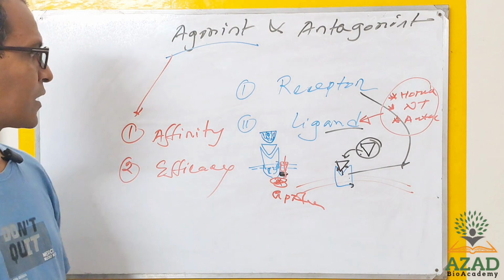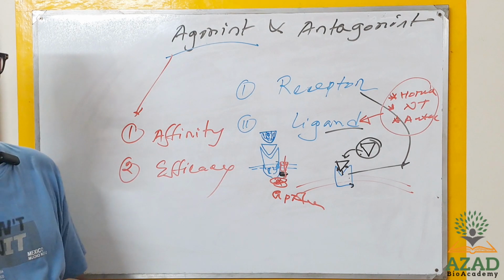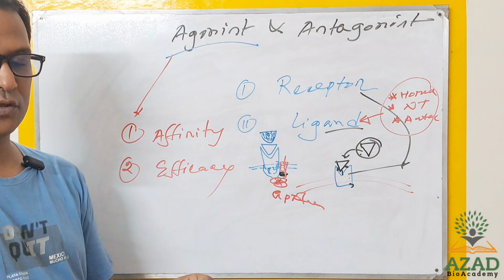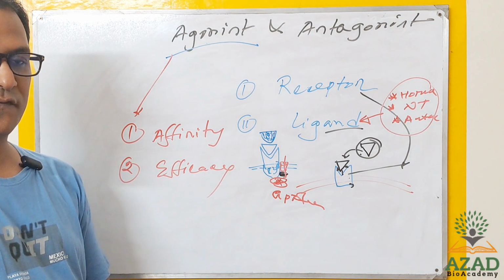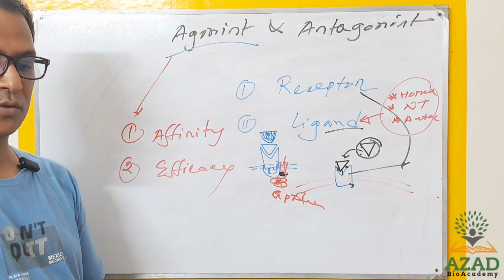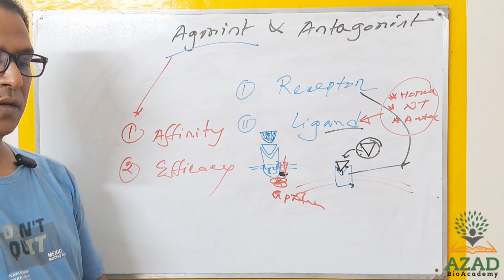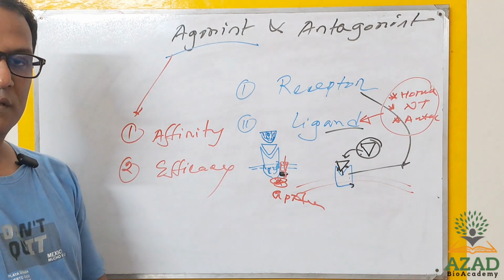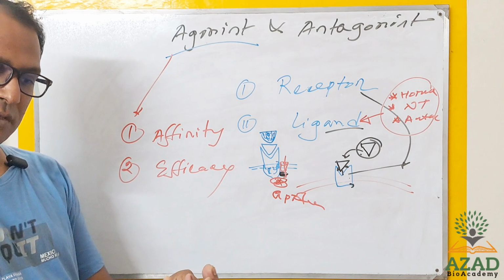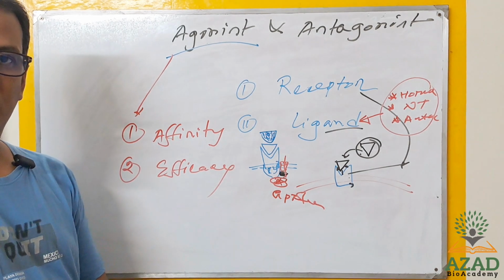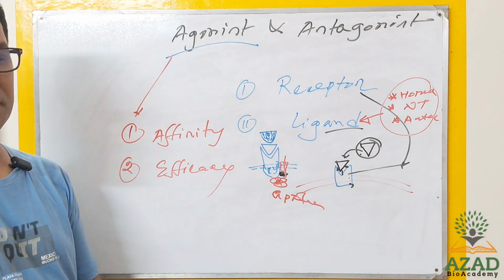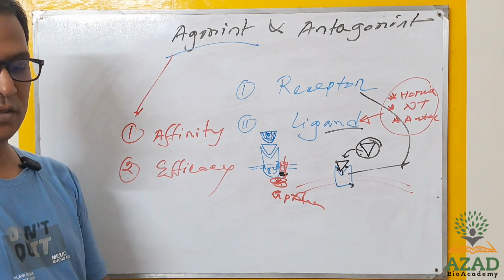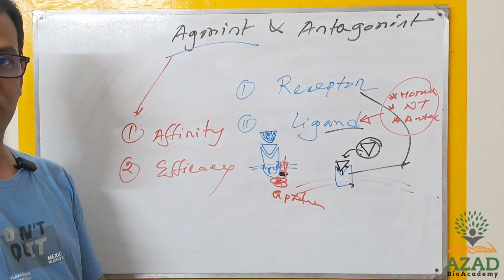Suppose you put something in my hand, and I'm not able to fold my finger to hold the substance. That means my hand is paralyzed, and when you put something, the hand will be unchanged.